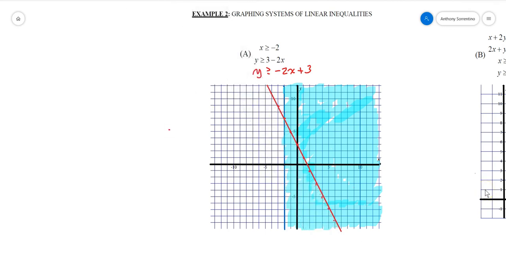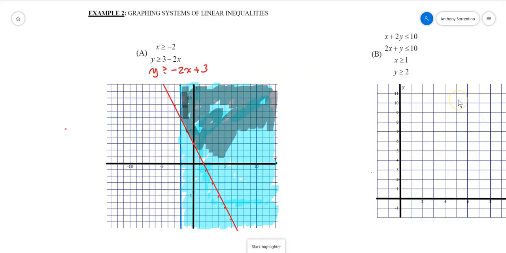I would shade above that, but I'm only going to really shade what's already been shaded before. So the feasible region, or the answer to this, is going to be this region right here. I'm sorry if it seemed like it was jumping around there, but it was having some issues with the computer. But that region right there is where I would have solutions to this system.